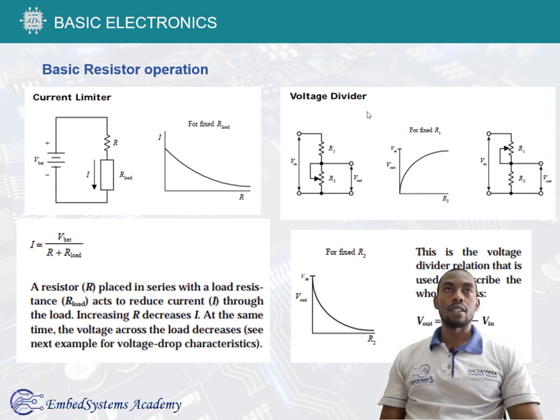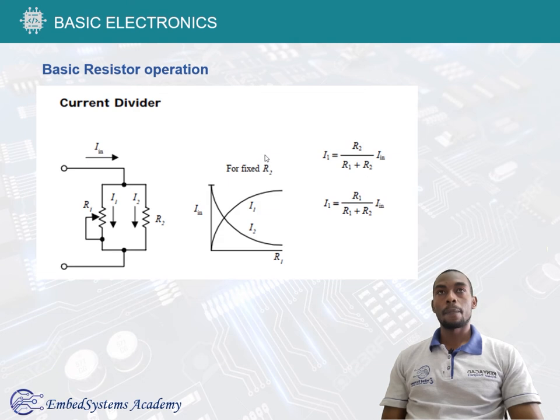Also in voltage division, we may have, for example, 5 volts, and a component that is using 3 volts. So we will use a resistor to divide the voltage so that some of the voltage is dropped across the resistor, and the remaining voltage is appropriate and usable in the device. Also in current division, you may arrange 2 resistors so that at the end of the circuit we have a particular current flowing through the circuit. So those are the basic applications of resistors in a circuit.